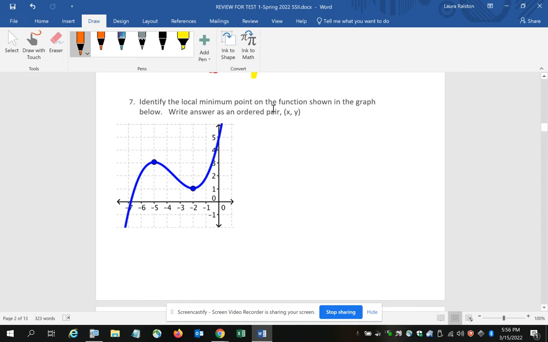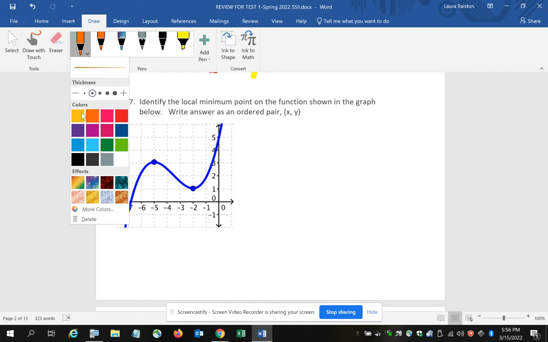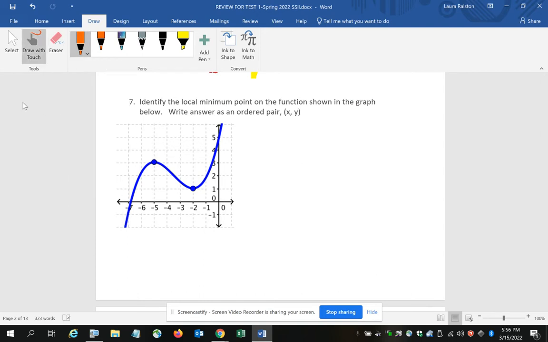Question 7 asks you to identify the local minimum point shown on the graph. Okay, so it's important that you pay attention. This one wants you to find the minimum. Minimum implies you want to find the lowest, and the fact that it's local means that it's probably somewhere in the middle of the graph.